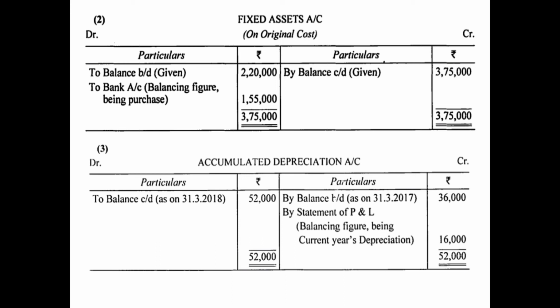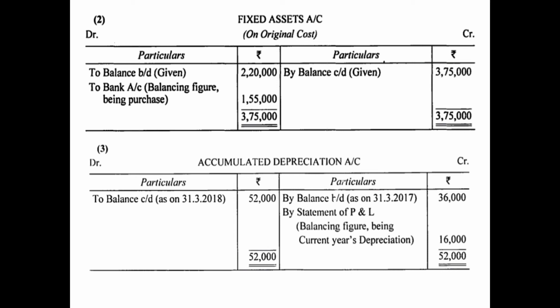Anything which is put on the credit side of the accumulated depreciation account increases it. The one thing which can increase the accumulated depreciation balance is the depreciation charge during the current year, and that we will show as 'by statement of P&L' because it is a company's cash flow statement.